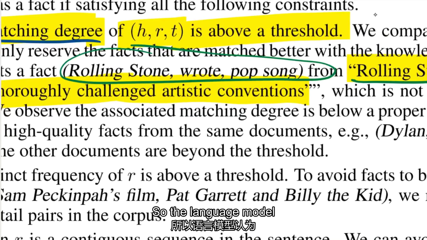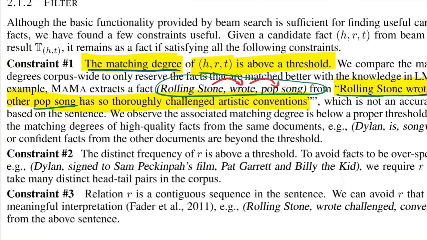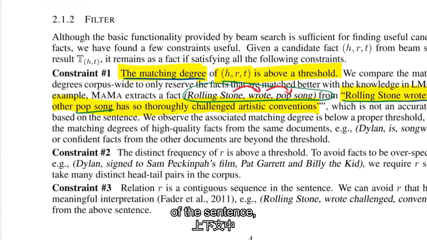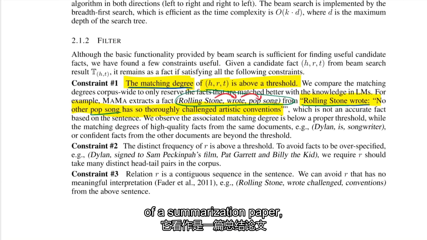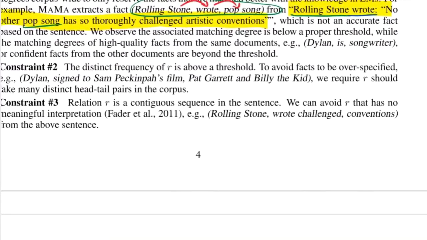So the language model thinks that "wrote" is a very good follow to "Rolling Stone", and "pop song" is a very good follow for "wrote", or the other way around, depending on which way the attention matrix is. The language model thinks that these words together make sense in the context of the entire sentence. So, as I said, think of it as a bit of a summarization paper, but with more constraints.